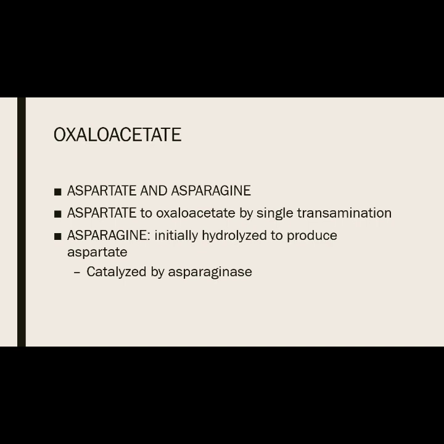And so again, please take a look at the connections between these products or the intermediates in the series of reactions in your Krebs cycle. Okay, and so that is for your amino acid metabolism.